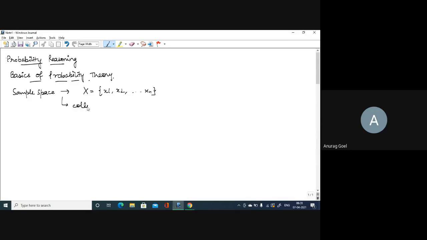It's a collection of all possible events. And the sample space can be discrete or continuous.